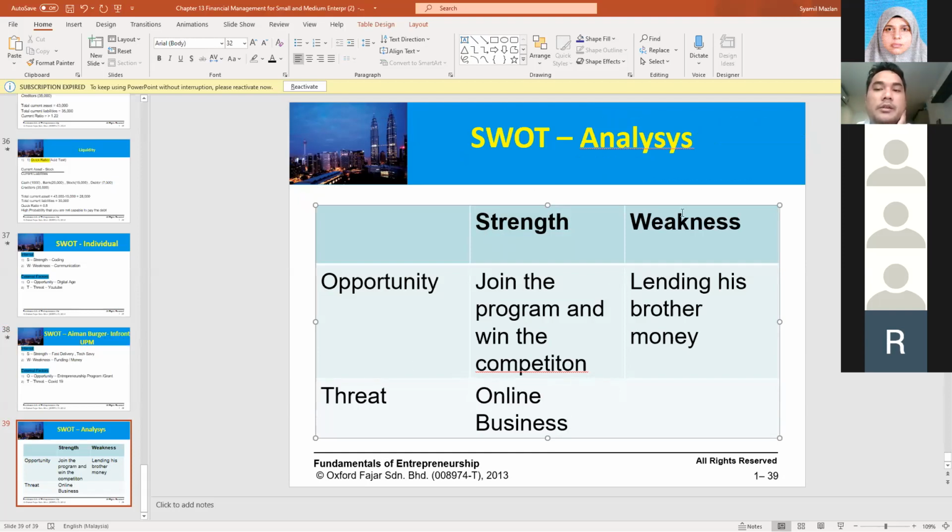Okay, this is important. And then what is your weakness, and how do you want to counter the threat? The problem is that now you don't have money, but you want to overcome the threat of COVID-19. What should you do? So this is some planning that you do: how you want to cover your weakness, and at the same time, not let the threat affect you.